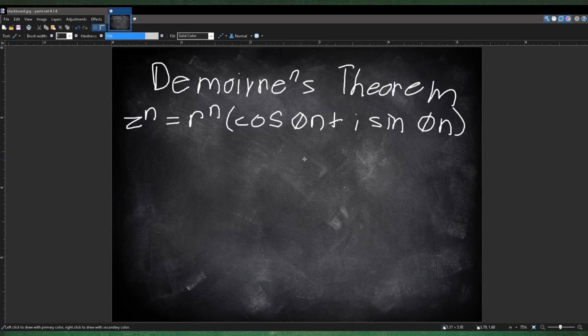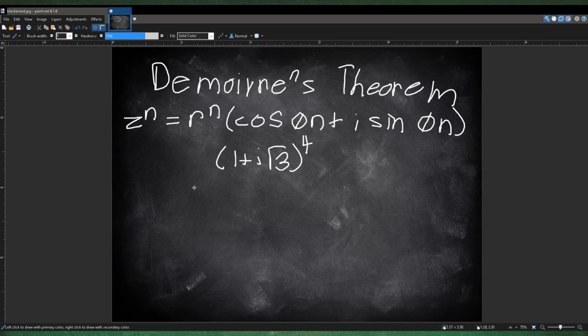Let's say we have an example: 1 plus i√3, raised to a power of, let's say, 4. Converting 1 + i√3 to polar form, the magnitude is the square root of 1 squared plus √3 squared, which is the square root of 4, which is 2.